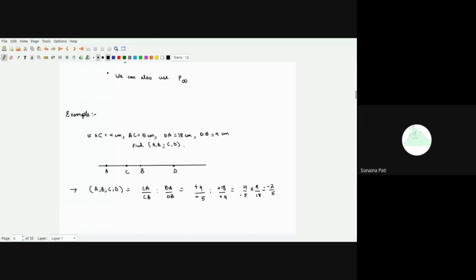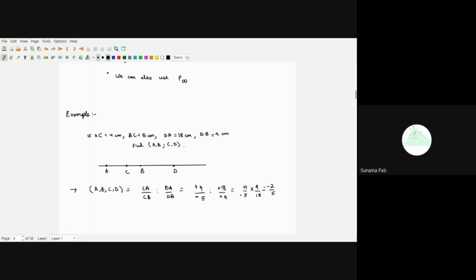Ma'am, wait, but when we say CA, it means cross ratio. Order of points, no, doesn't matter, right?